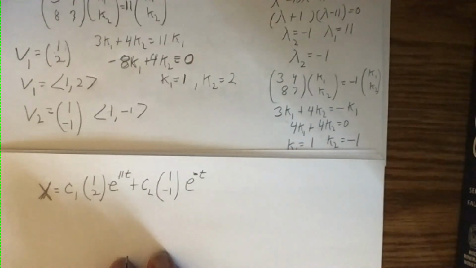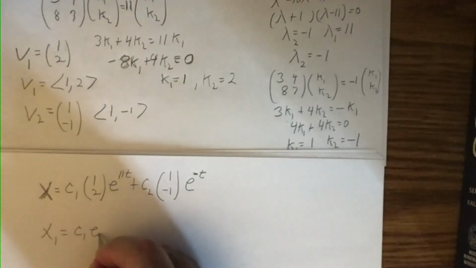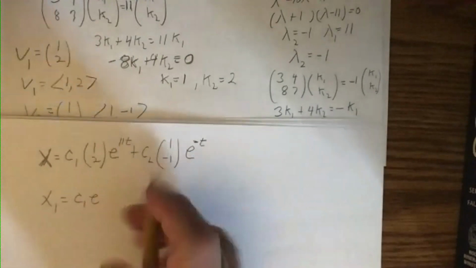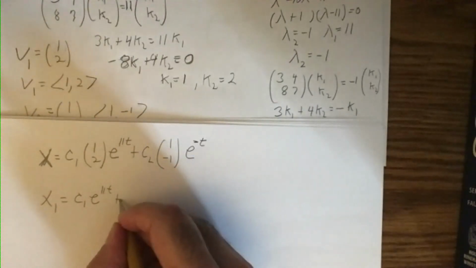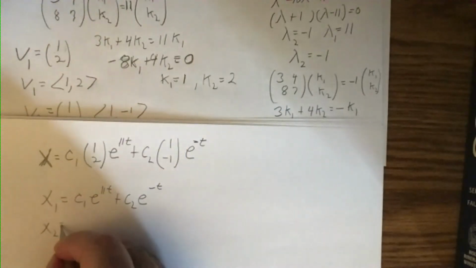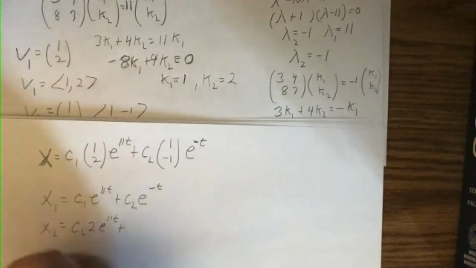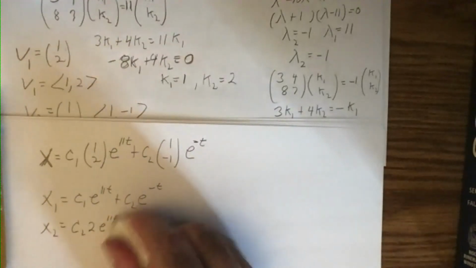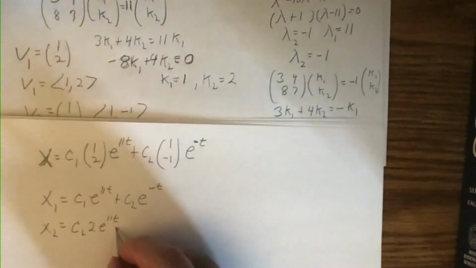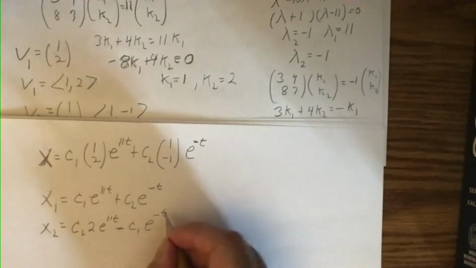Another way of writing it would be x1 is equal to C1 e to the 11t plus C2 e to the minus t, and then x2 is equal to C1 times 2 e to the 11t minus C1 e to the minus t.